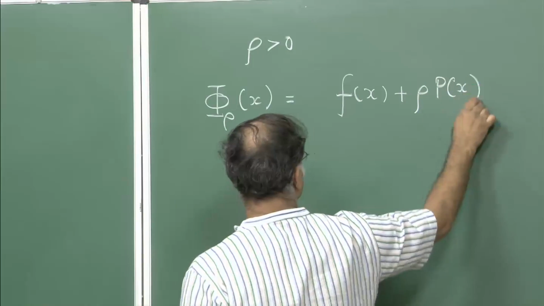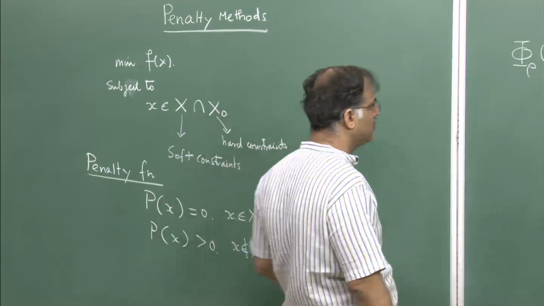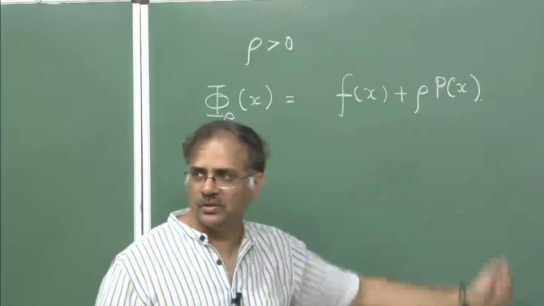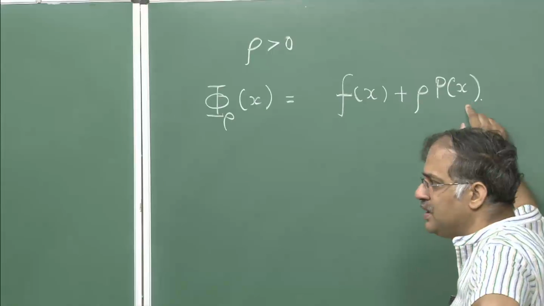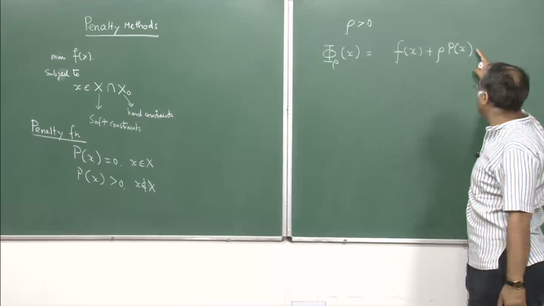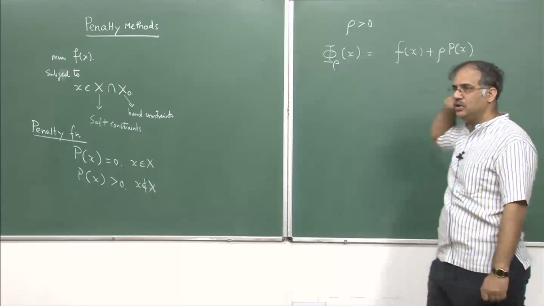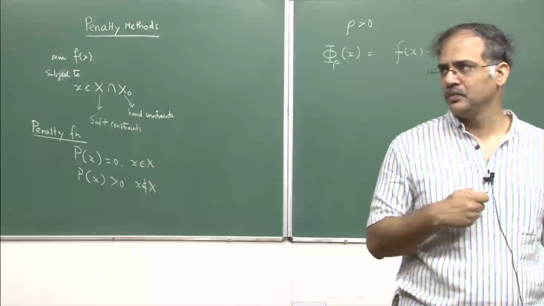The essence of x belonging to X, the soft constraints, is encoded in this function. That is, if the soft constraints are satisfied, then p(x) is 0, and the objective remains as f(x). If it is not, then p(x) is positive, that is, you add a penalty to the objective for violating the constraints.